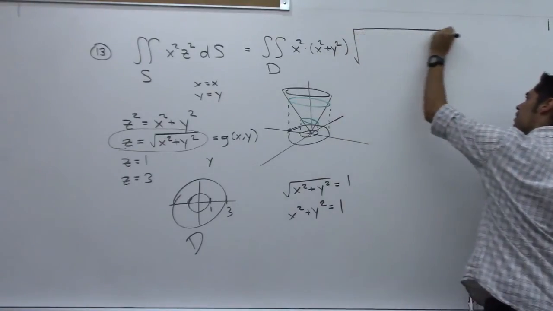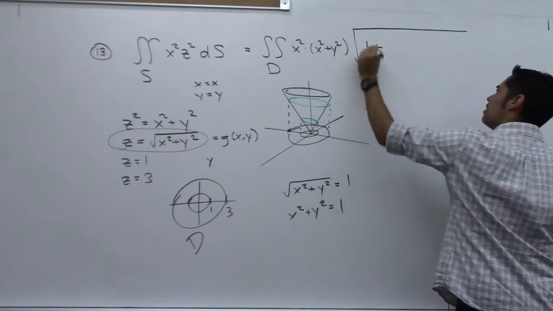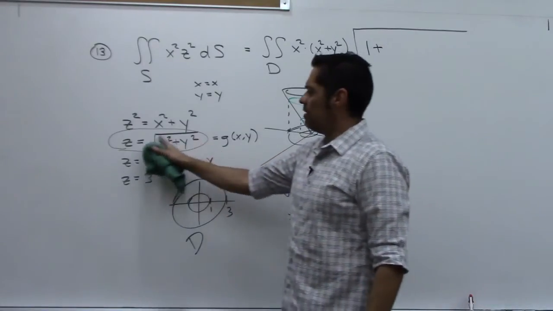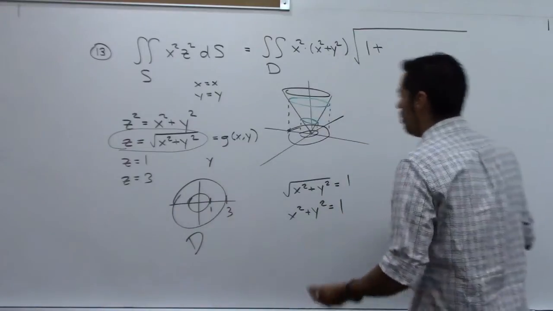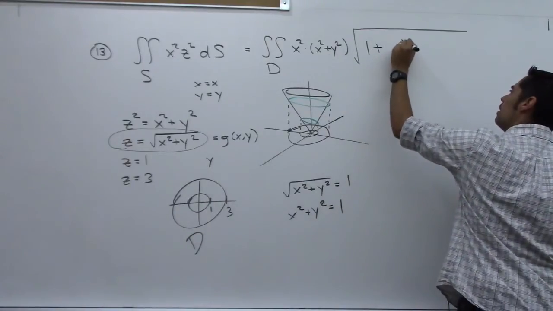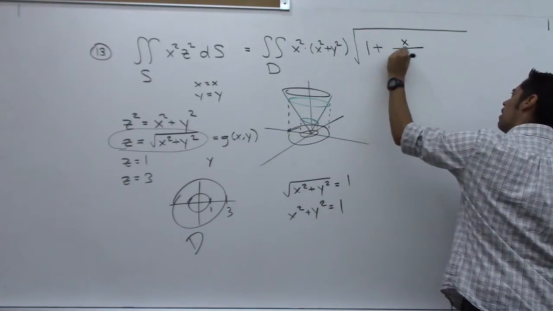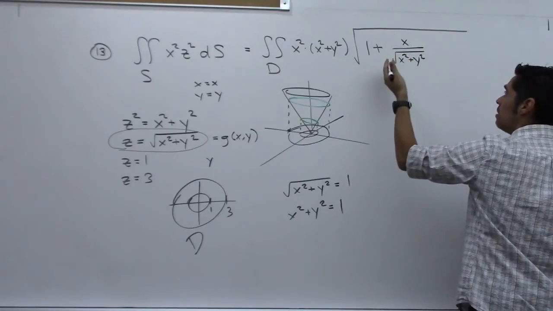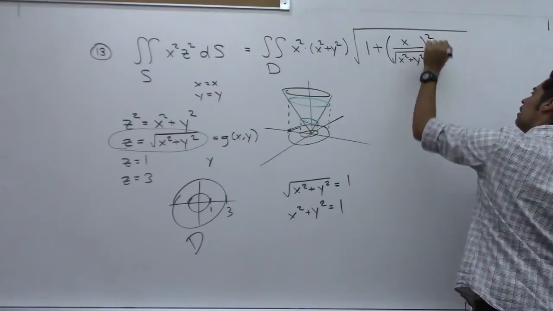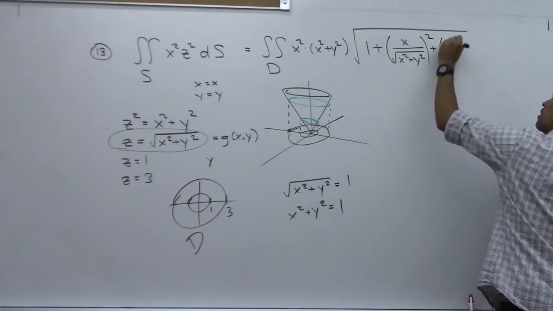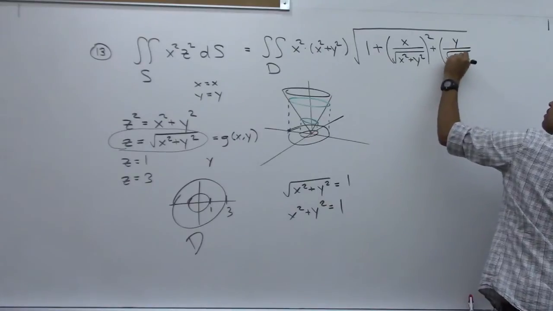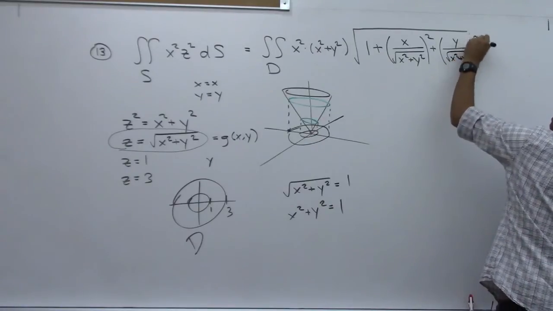And then I need to come in and get this special piece right here, which is the square root of 1 plus the partial of g with respect to x squared. So taking the derivative of this root, we did that earlier in a different problem. It was x over square root of x squared plus y squared, but then we had to square it. And then we did the same thing on this one. It was y over square root of x squared plus y squared, and then we had to square it.